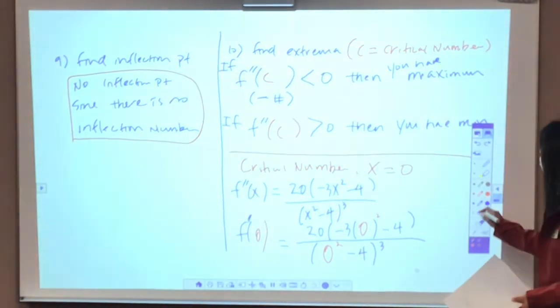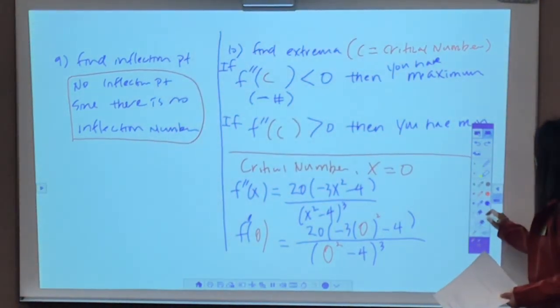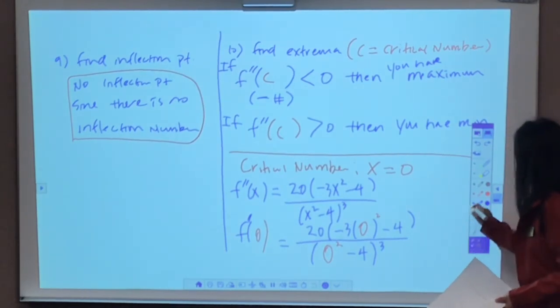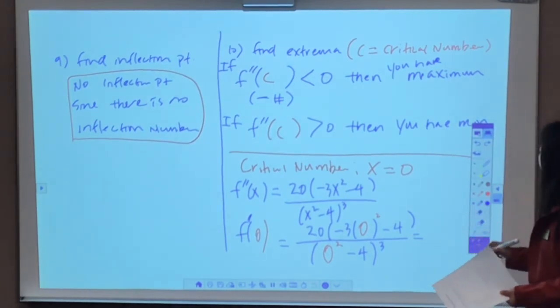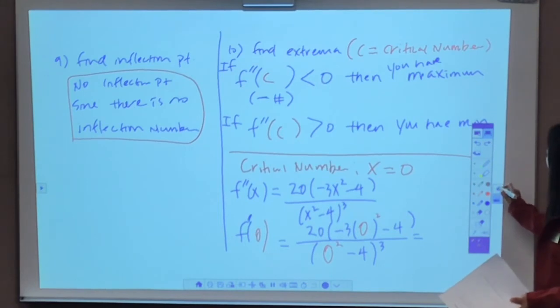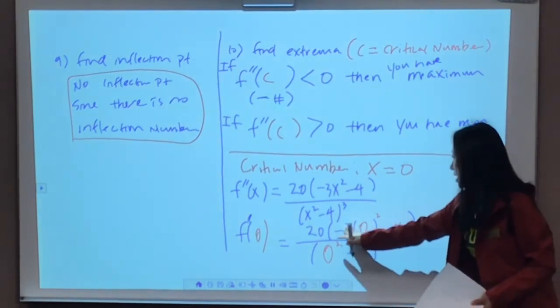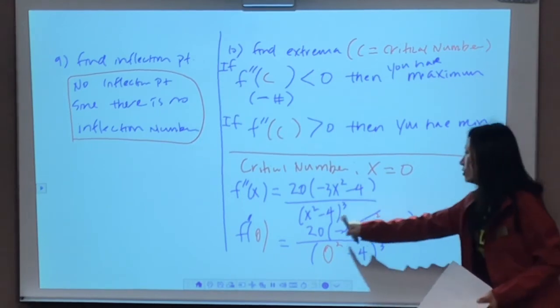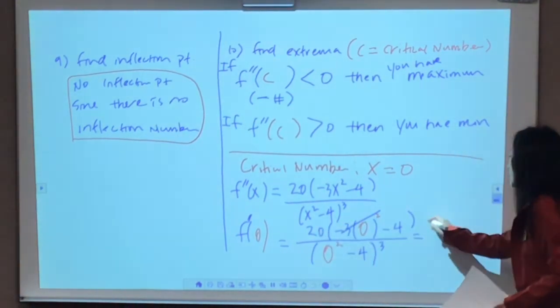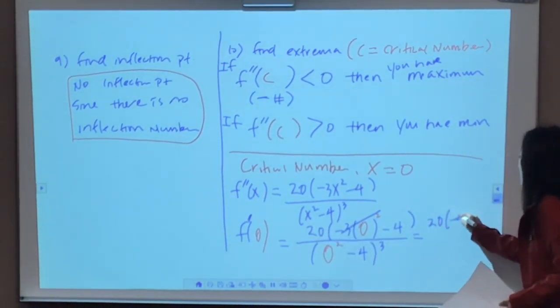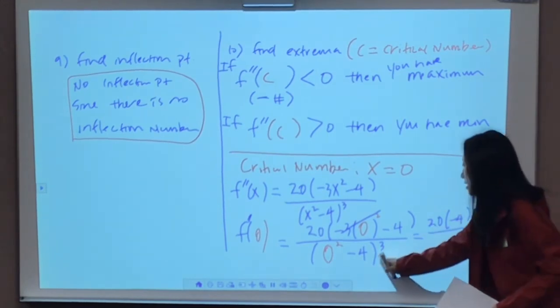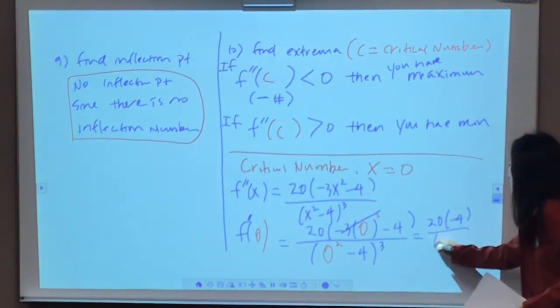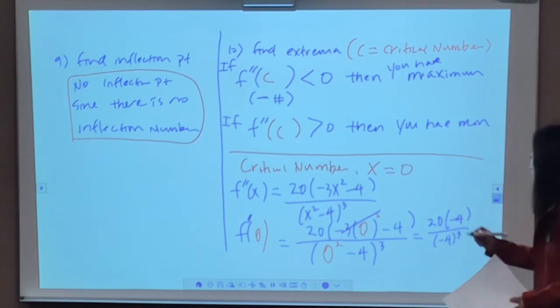Simply plug it in. So what do you have? This times this gives you simply 0. So this one gives me negative 4 times 20, 20 times negative 4, everything over negative 4 to the third power.